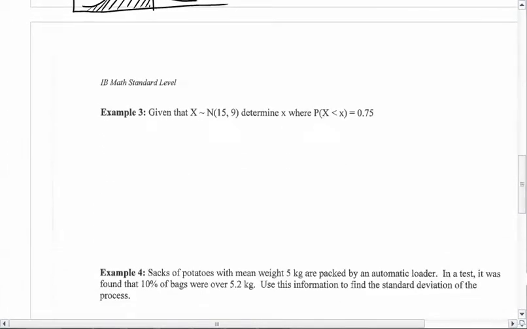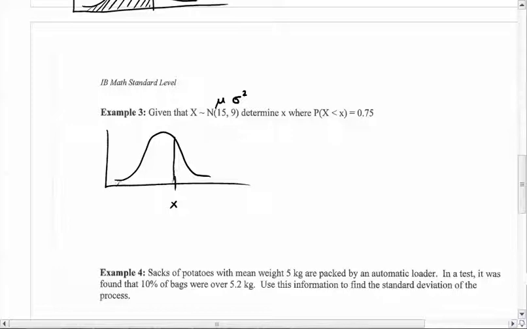Now, given that x is a normal with a mean of 15 and a standard deviation squared of 9, find out which value x do we have to go to so that we have at least 75% of the data.